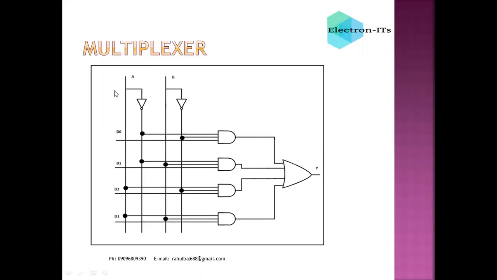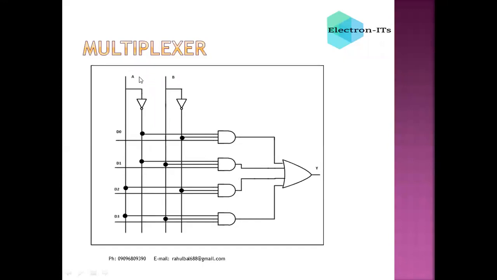For example, when the values of the select lines are 0 0, then the binary combination 0 0 is 0. So your first input will go towards the output. When 0 1 appears at the select lines, your D1 input will appear at the output. Whatever value is present at D1 will appear at the output.